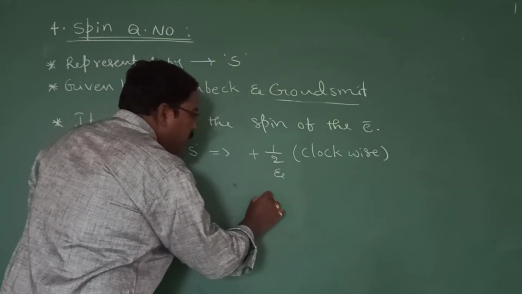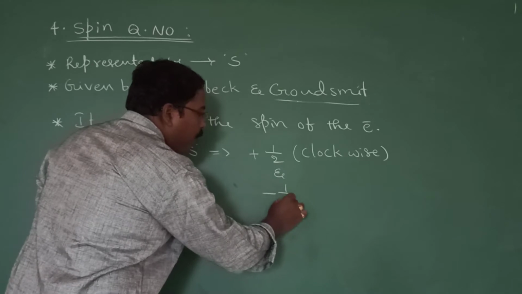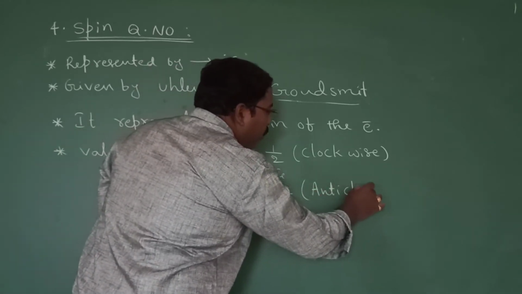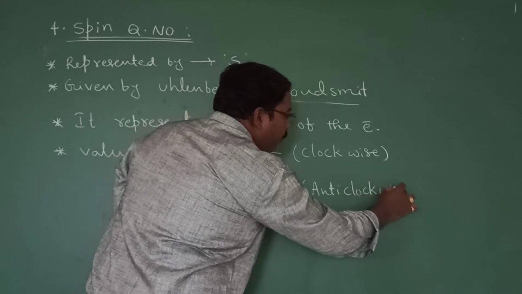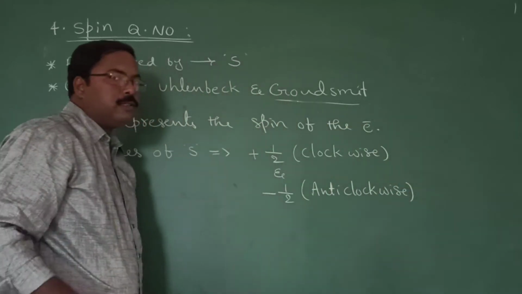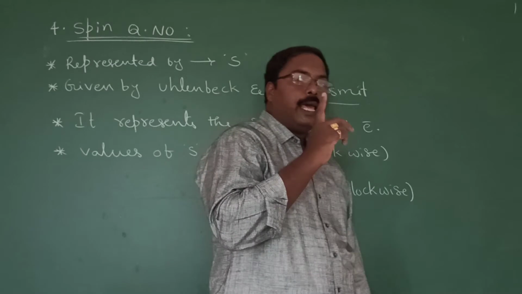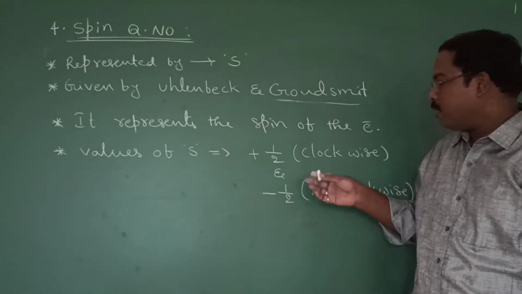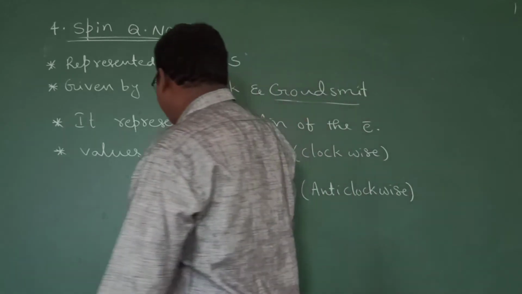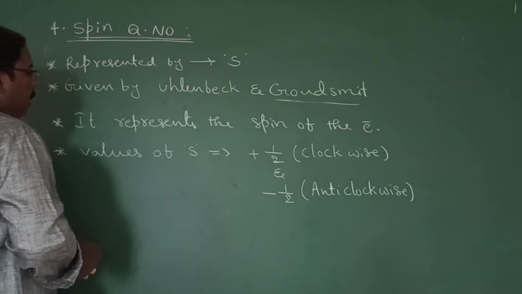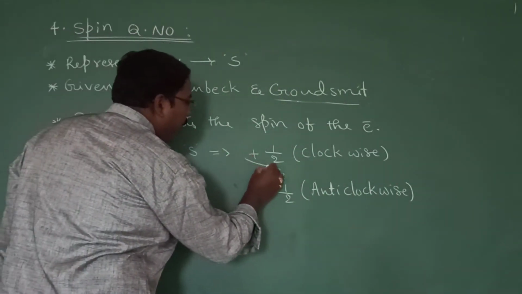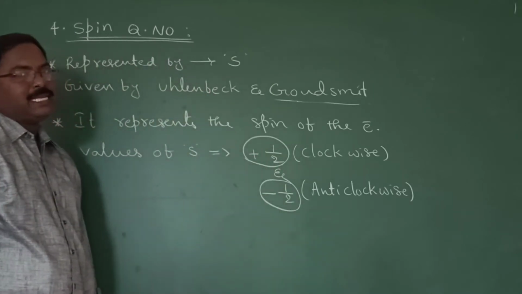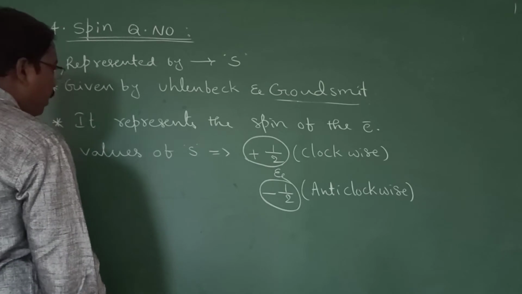And the next value, minus half, represents the anti-clockwise rotation of the electron. So the electron rotates around itself either clockwise or anti-clockwise. So s has only two values, plus half as well as minus half.